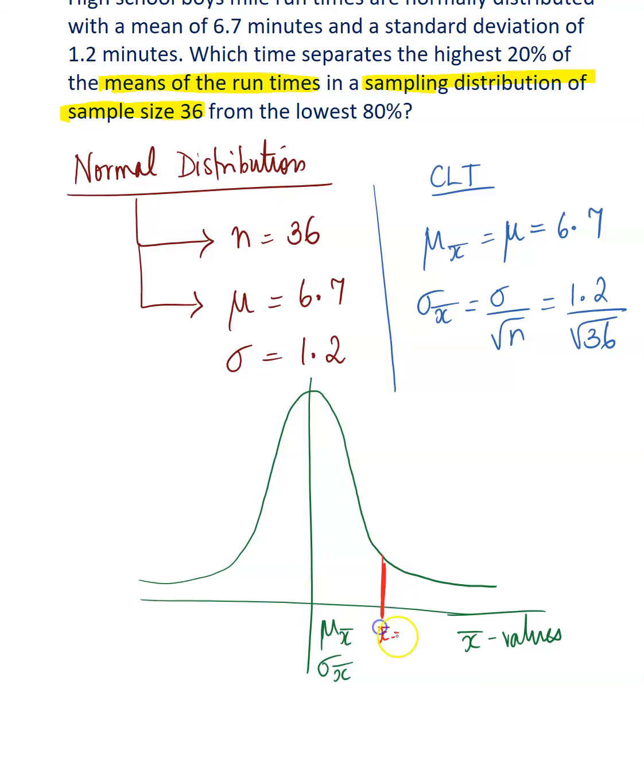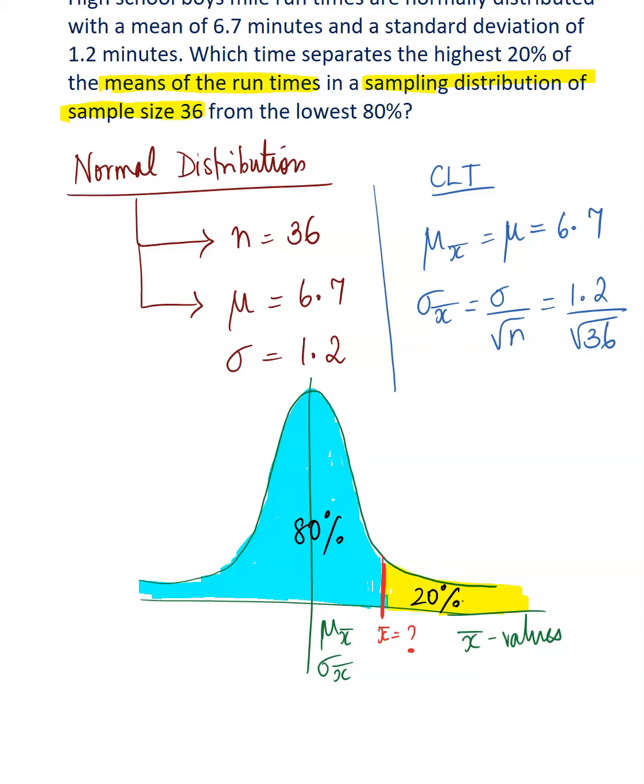We're asking what this x bar value is which separates the lower 80%, because that's the border value. The red mark is the border value at the 80th percentile, which means values below that will be 80%, and the part above it will be 20%. So what is that value that separates these two?